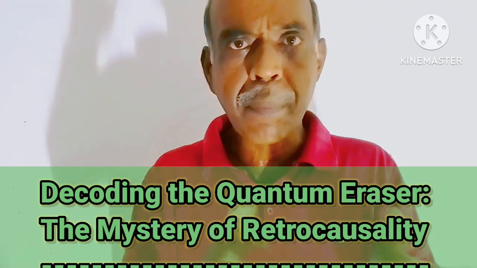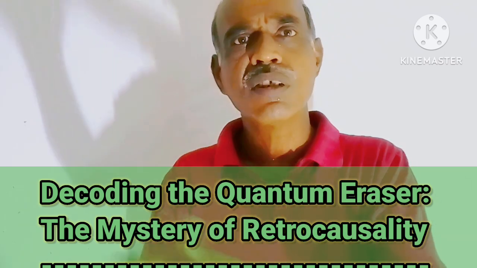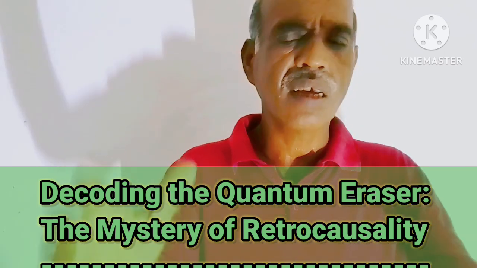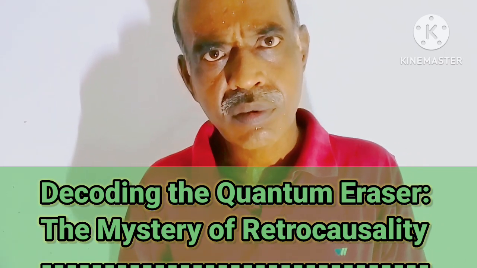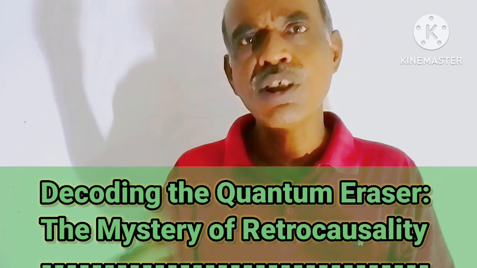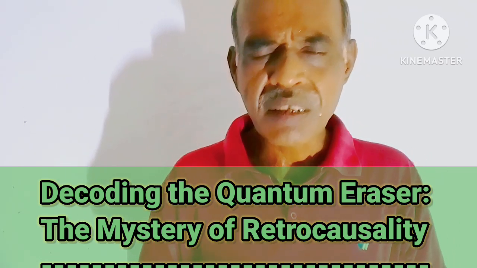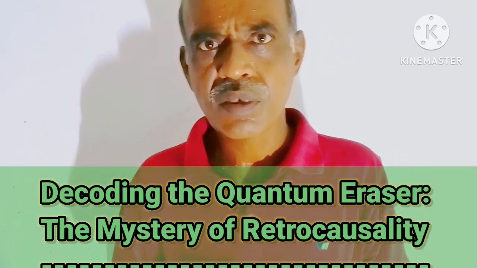The apparent result is that the effect occurs first and then the cause occurs. So this is going against our classical intuition, against the logic of classical physics. This result is counterintuitive in nature.